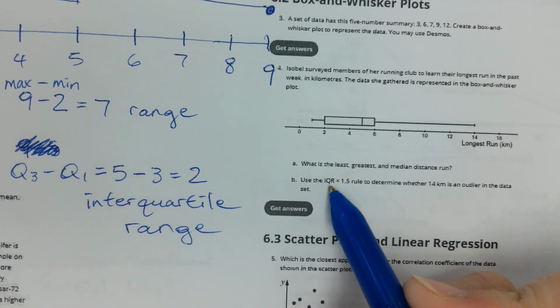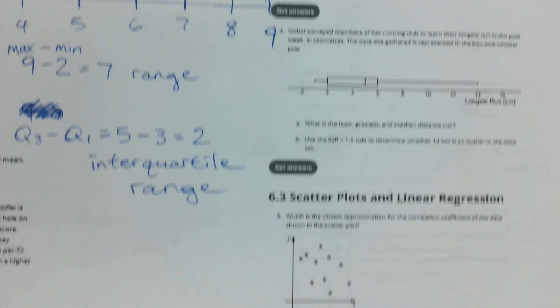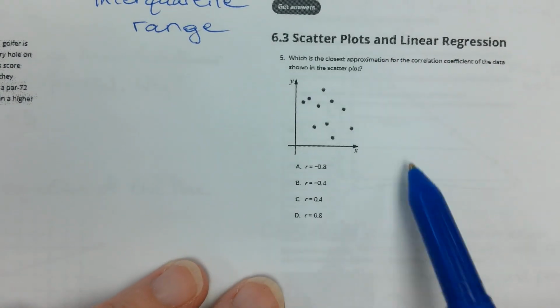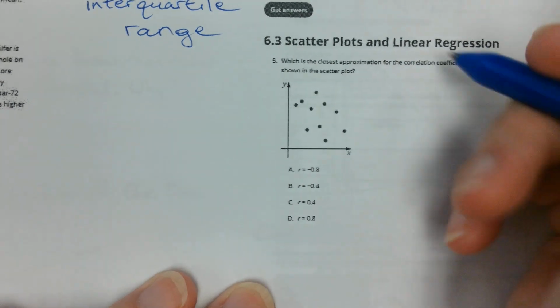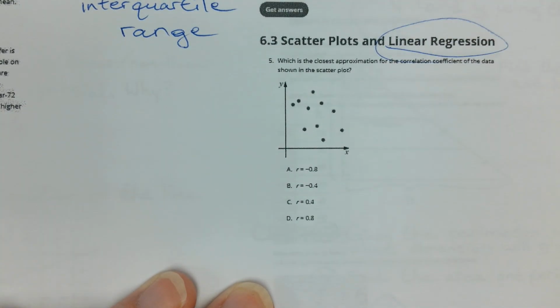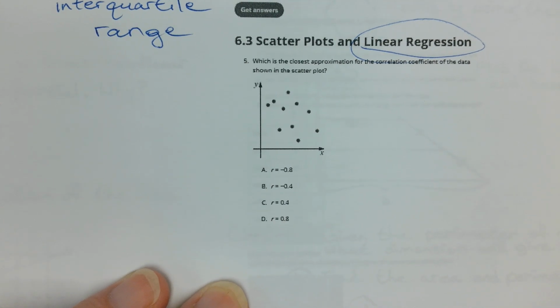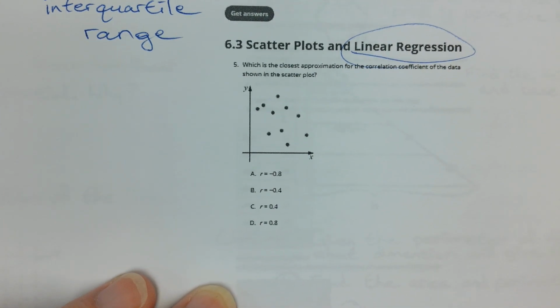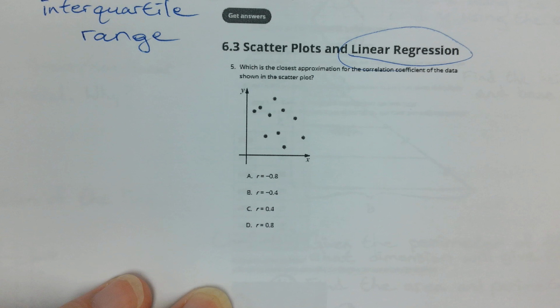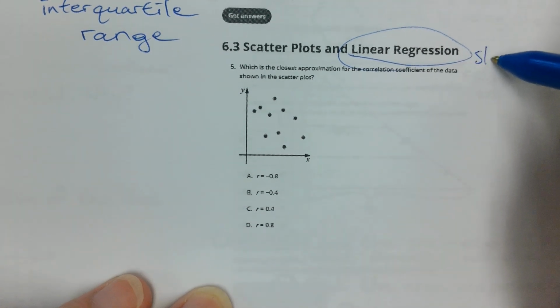So you see here, this one says IQR. What does IQR represent? Yeah, interquartile range. Okay. Scatter plot, linear regression. Linear regression, another word for it? Your slope.